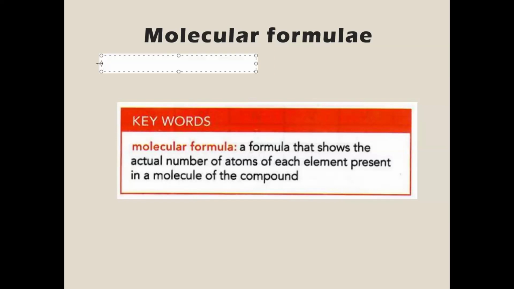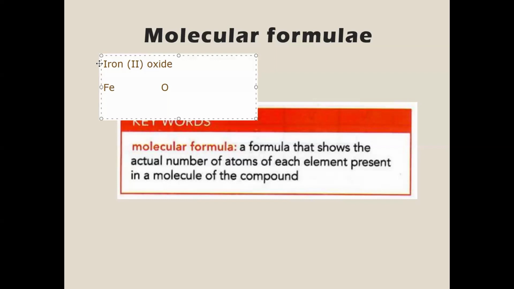Iron 2 oxide. Iron is Fe. Oxide is oxygen. So iron 2, the valency is 2. And the oxygen, the valency is 2.